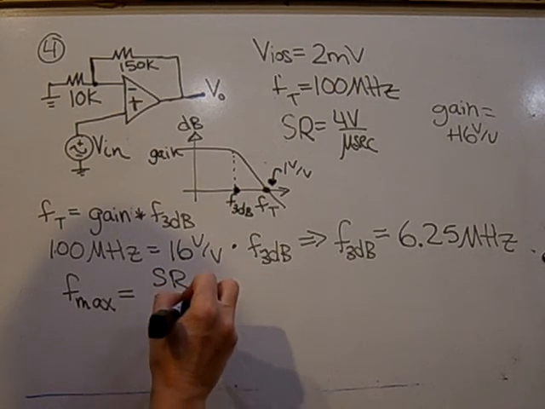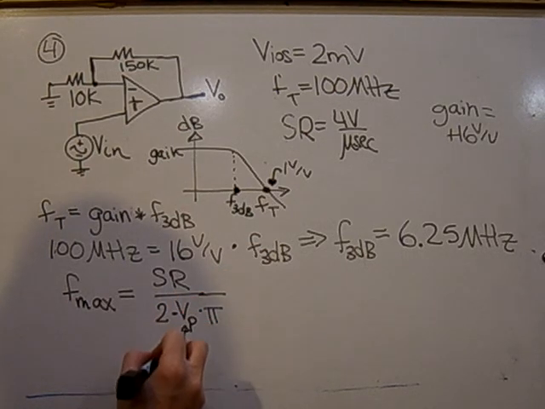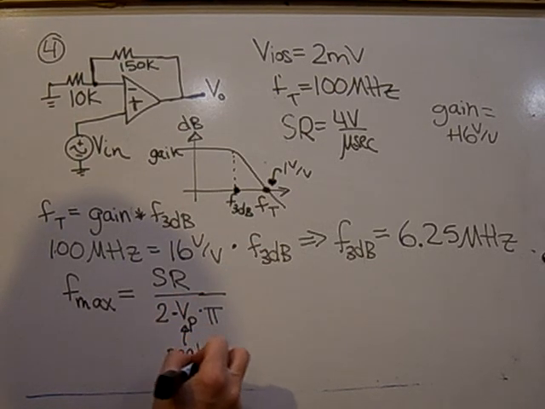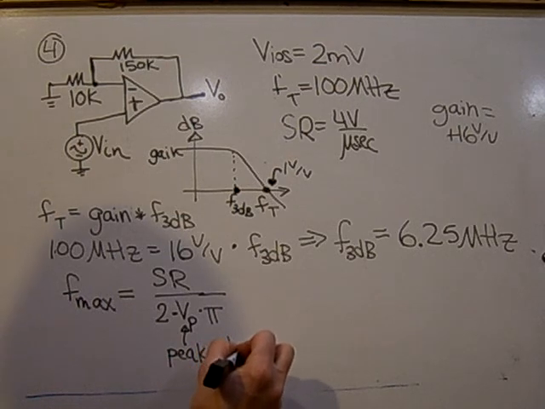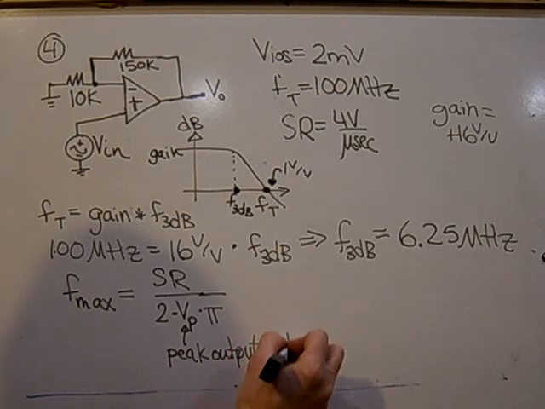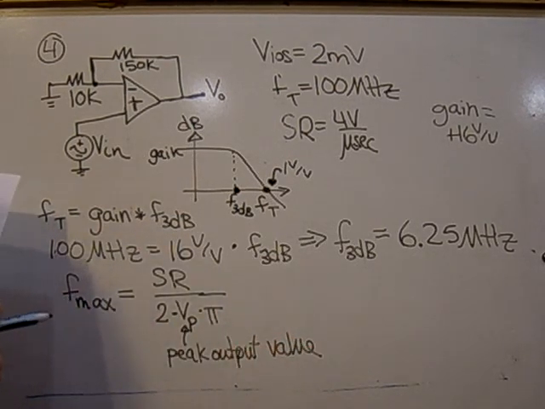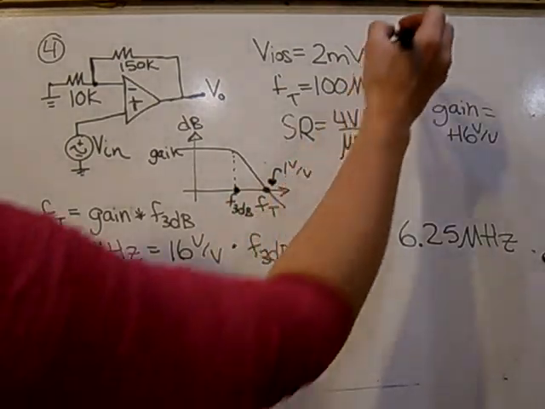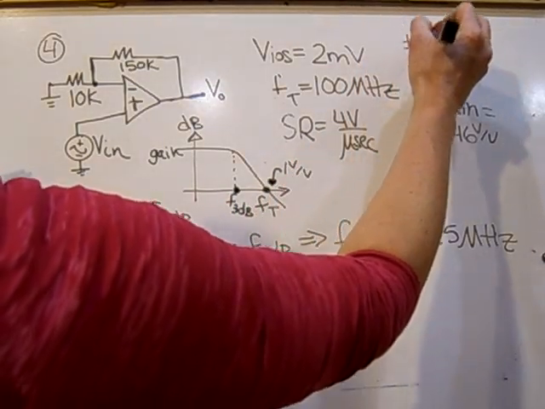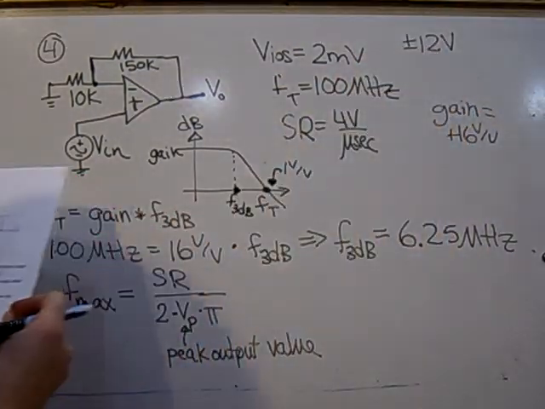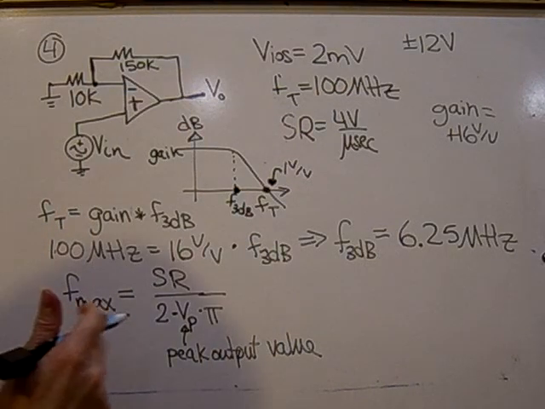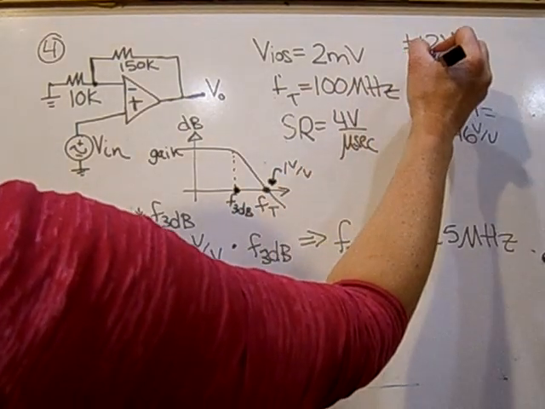So this is the peak output value. For this circuit, it was stated in the problem that the supply was plus and minus 12 volts, and that the circuit has an output swing limit within 2 volts.